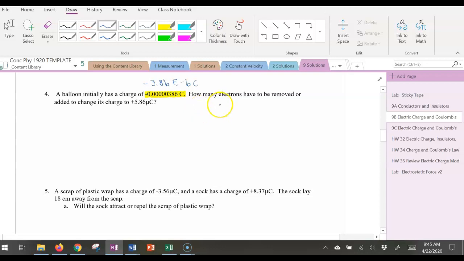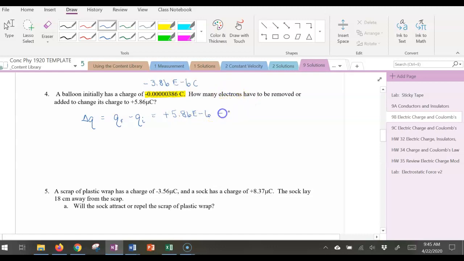Okay, how many electrons have to be removed or added to change its charge to a positive 5.86 microcoulombs? So first I need to find the change in the charge of this balloon, which would be the final charge minus the initial. The final charge that we want is 5.86 microcoulombs, so that's e to the negative 6.